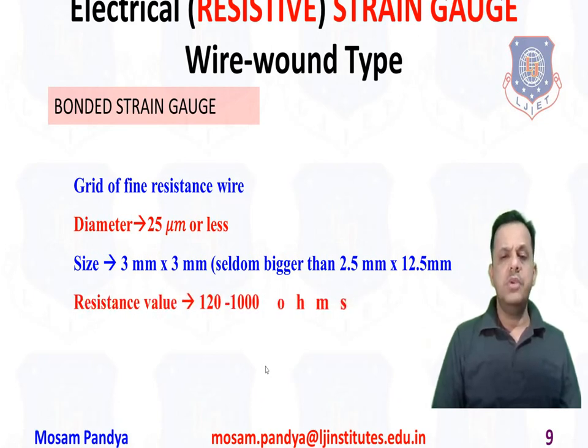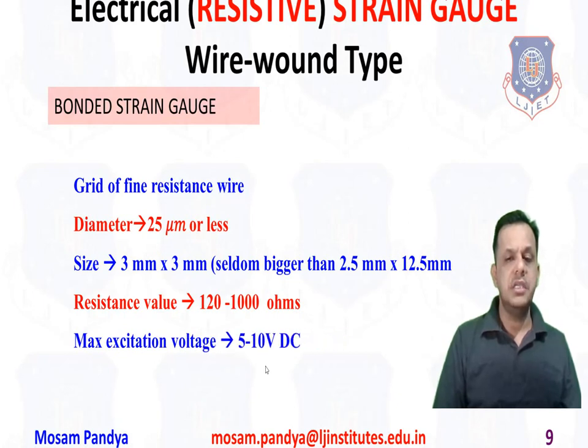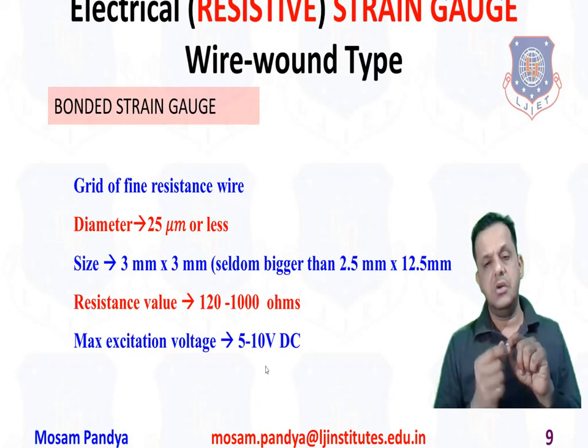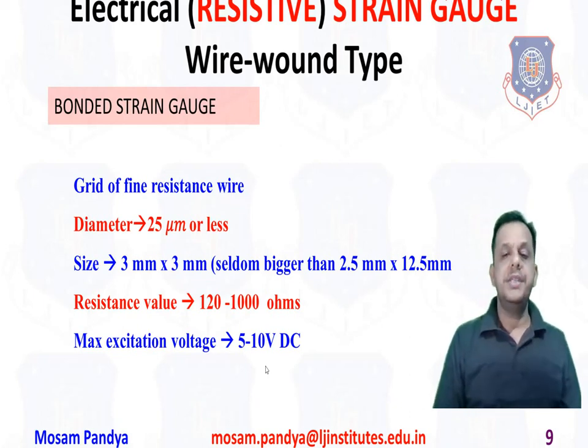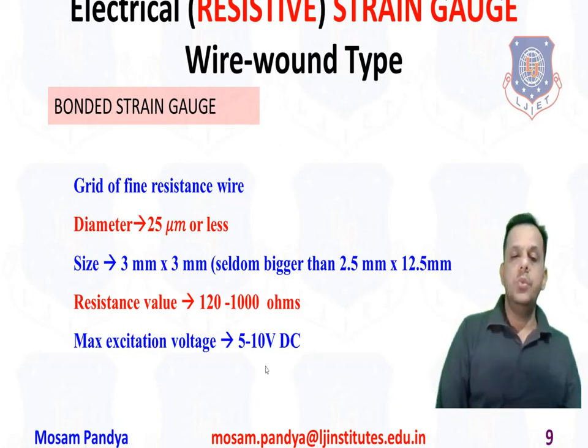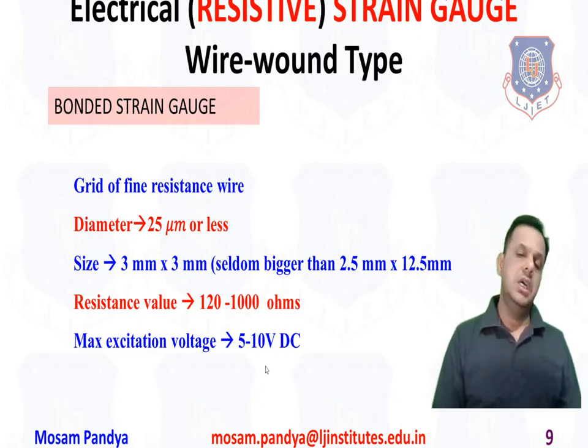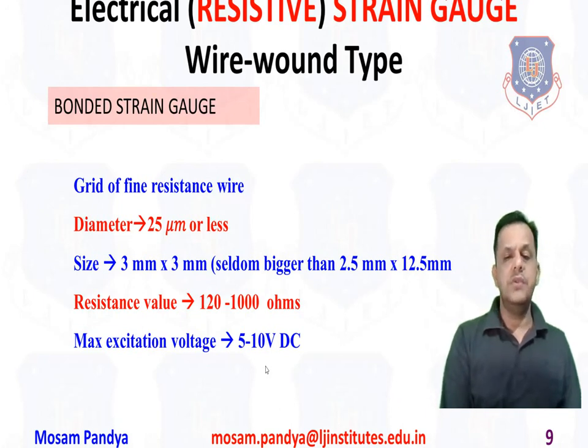Now you can imagine the size of the actual sensor, which can be fixed even on your nail. The resistance value varies from 120 to 1000 ohms for calibration, and the excitation voltage is usually in the range of 5 to 10 volt DC that we use with the Wheatstone bridge.